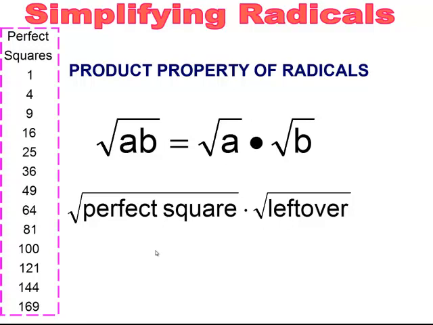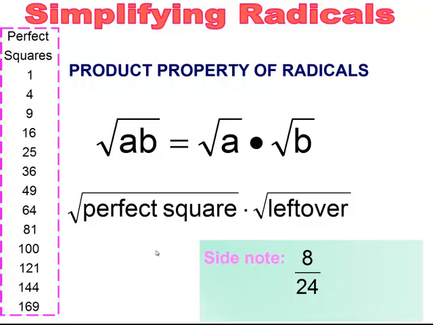I want to take a step back so you understand that when you simplify a radical, it has to be in simplest form, very similar to reducing a fraction. This is just a little side note. When you reduce a fraction, it always has to be in simplest form.